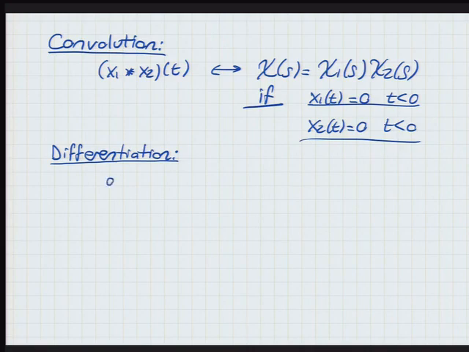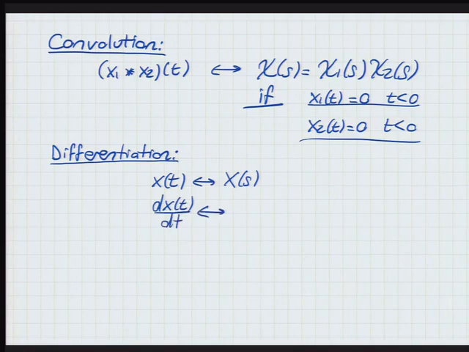So reviewing what we had for the bilateral case, if I had x of t giving me X of s, what did dx dt give me? Come on, you gotta remember this. There's no j omega. We're doing Laplace transform.